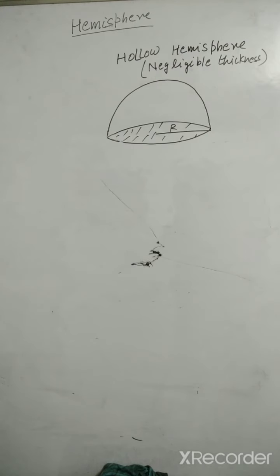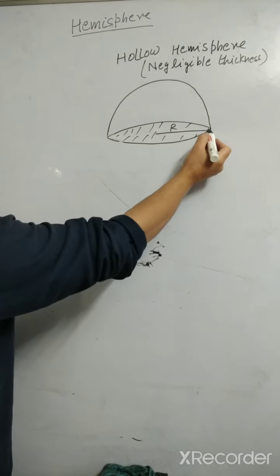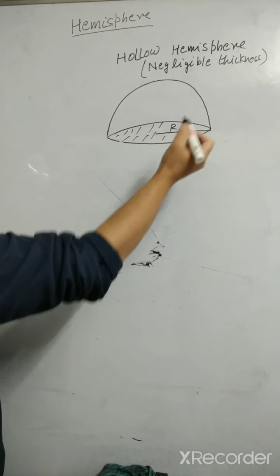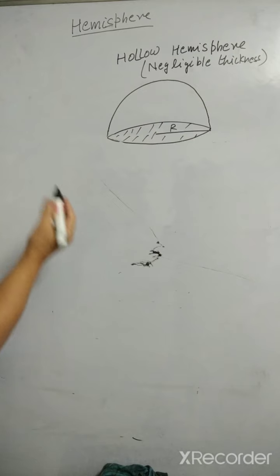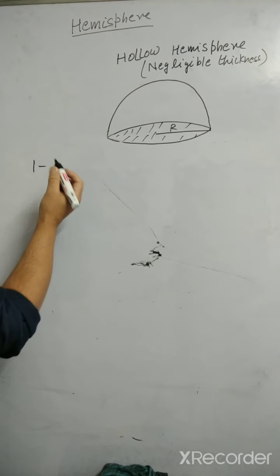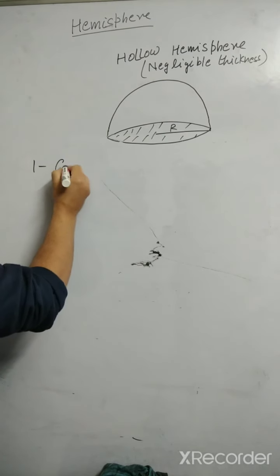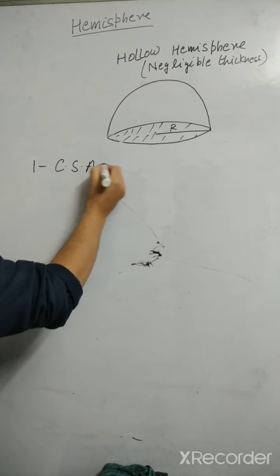Negligible thickness means it is made up of a sheet which is very, very thin, right? That means its internal radius and external radius both are the same. The thickness is negligible.